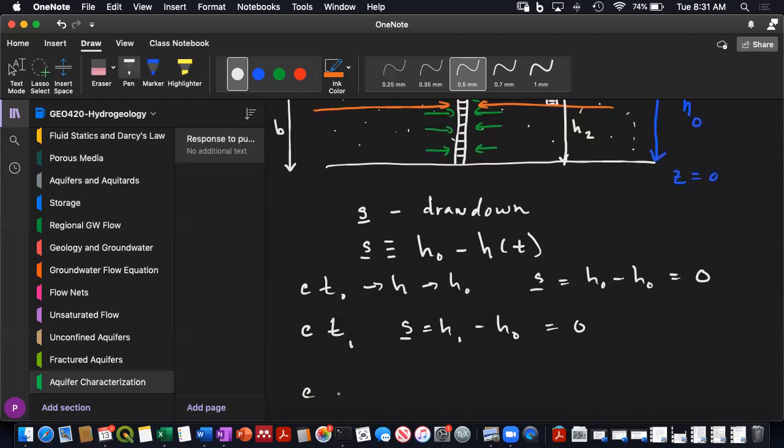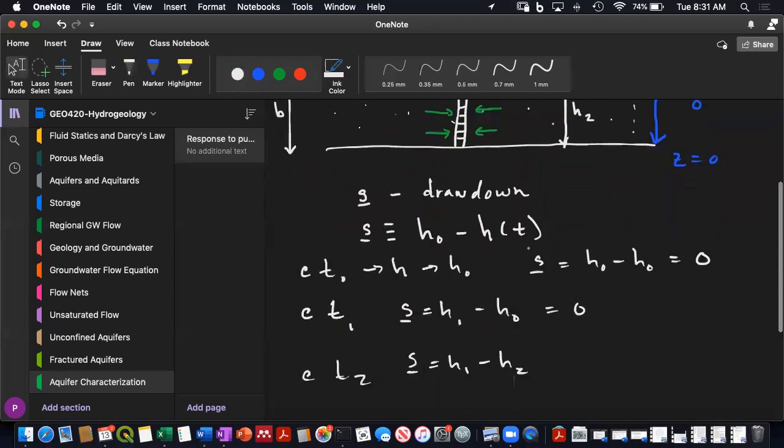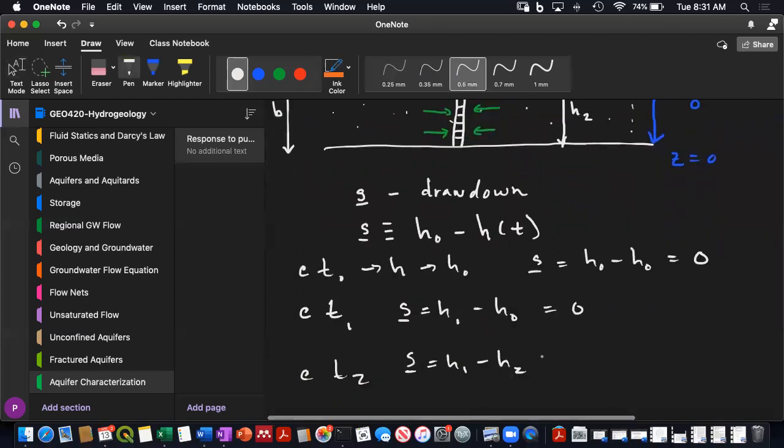And at T2, drawdown would be H1 minus H2. Now my cone of depression has expanded past my observation well. H2 is less than H naught. So my drawdown is greater than 0.